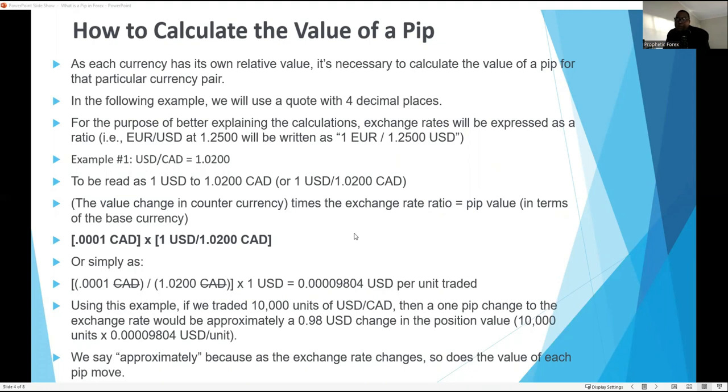For the purpose of better explaining the calculations, the exchange rates will be expressed as a ratio of Euro USD, for example, at 1.2500, to be written as 1 euro equals 1.25 USD.